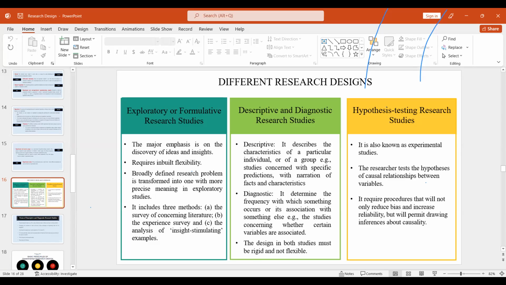The experience survey may enable the researcher to define the problem more concisely and help in the formulation of the research hypothesis. And this survey may provide information about the practical possibilities of doing different types of research.